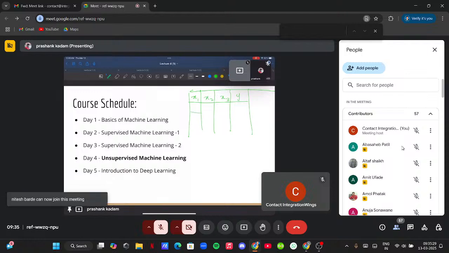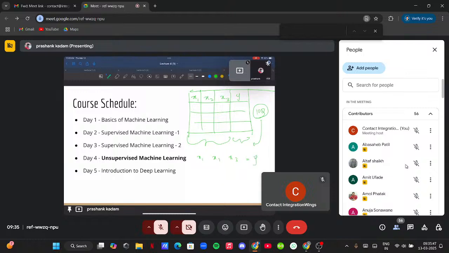If you have all this data with you, say you have 100 such data points, you use these data points with x1, x2, x3, and y. You tell the model, if x1 is this, x2 is this, and x3 is this, then y should be this.